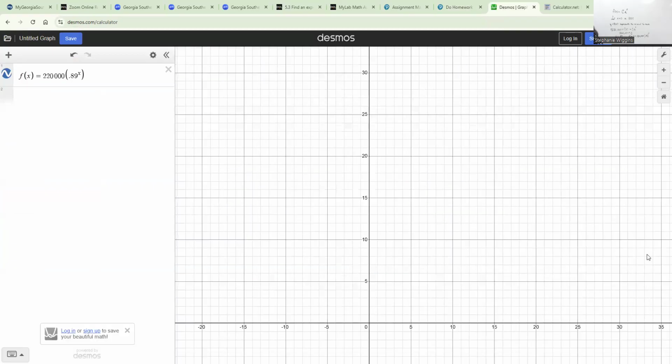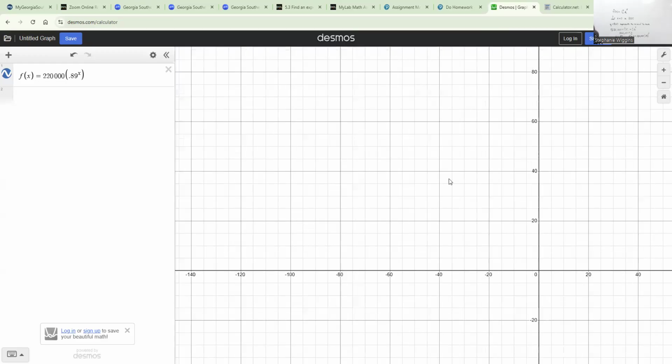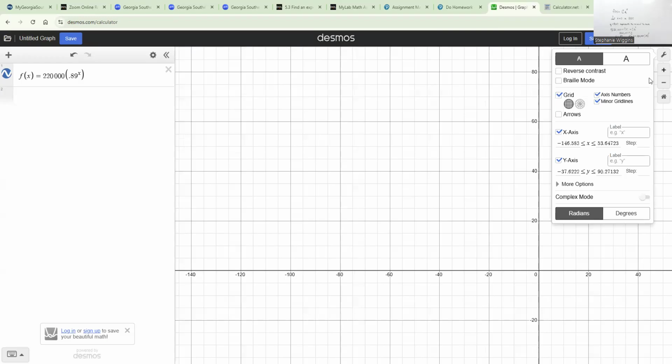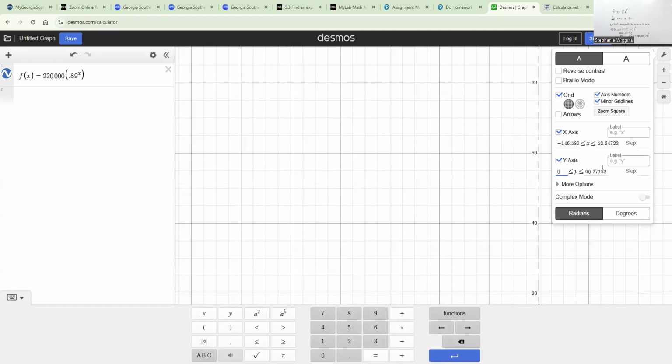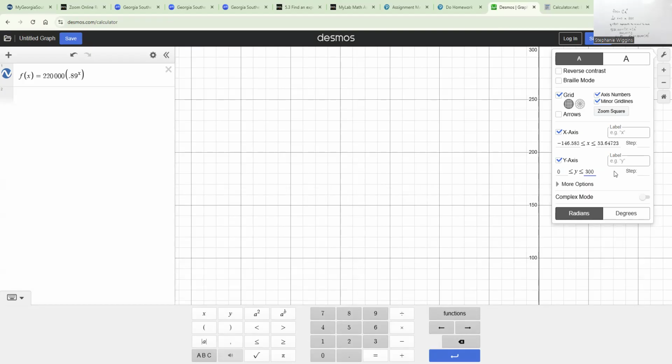And I guess I need to set my parameters here. So let's let the y-axis run from 0, let's say up to 250, or let's say 300,000.